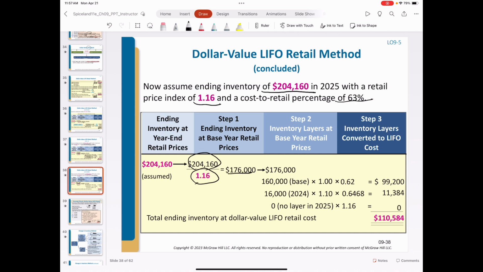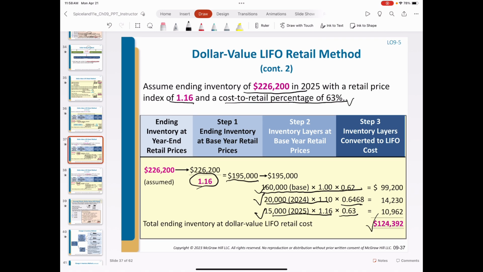Then we have this balance of inventory based on the base year retail price, which is greater than 160. This is a base layer. It is never sold. Then the difference 16, it is from 2024. There are no layers in 2025 because in this case, the inventory purchased in 2025 was assumed to be sold.